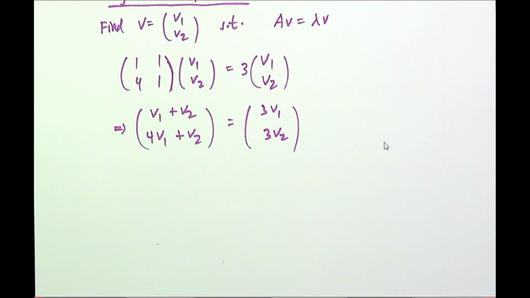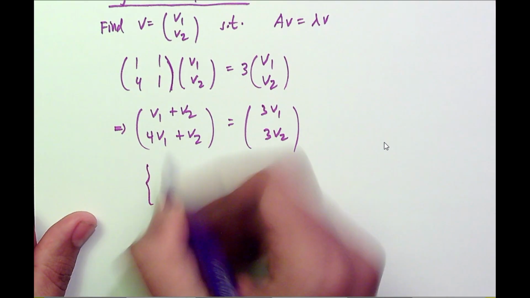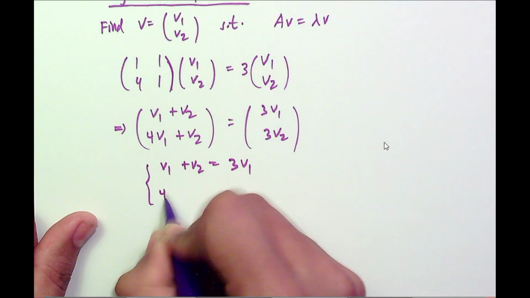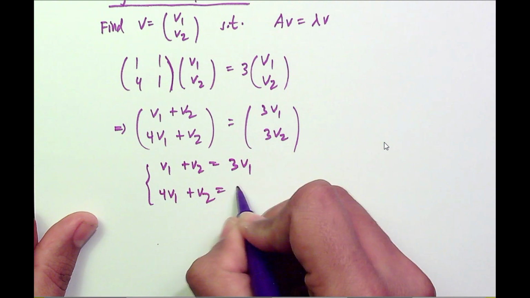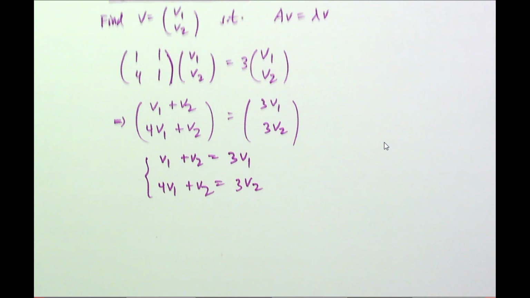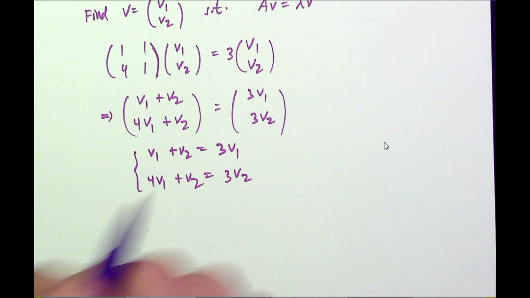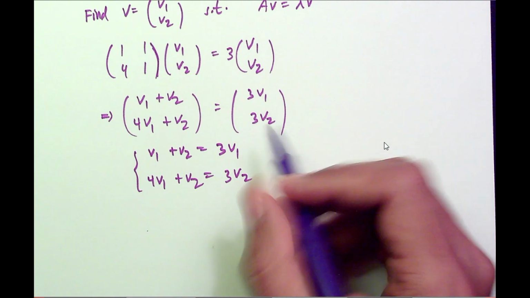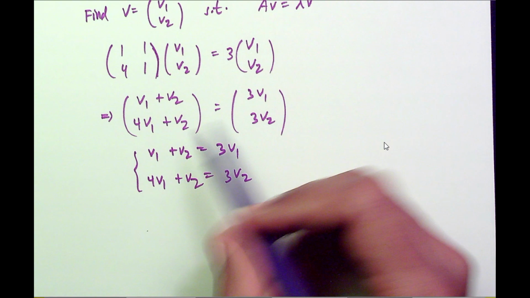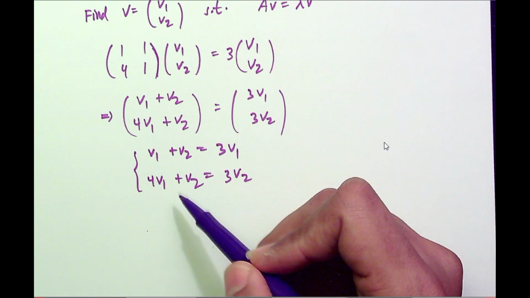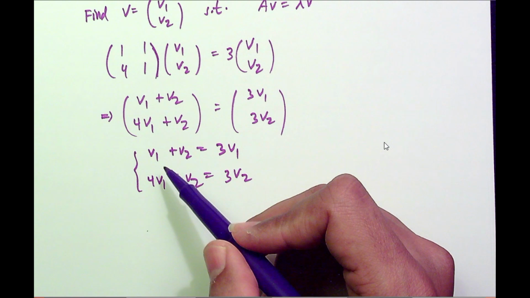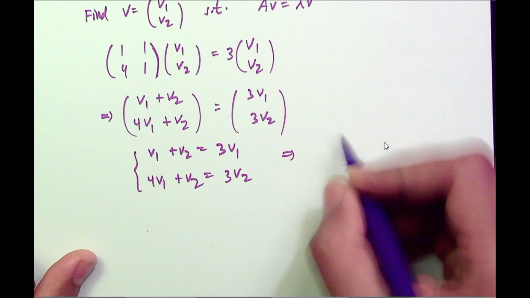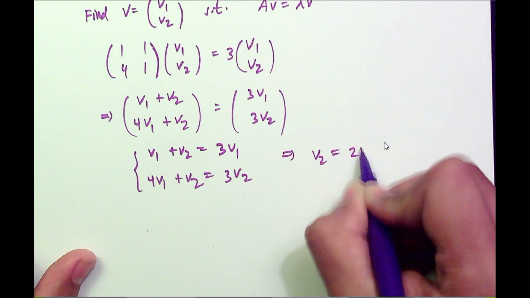And then setting the tops equal to each other and the bottoms equal to each other, you get this system. But again, remember that both equations really are going to give you the same thing. And you can work with either one, whatever seems easiest. The one that looks easiest would be the first one because the numbers are smaller. So if you just move the V1 to the right-hand side, you're going to get that V2 equals 2V1.